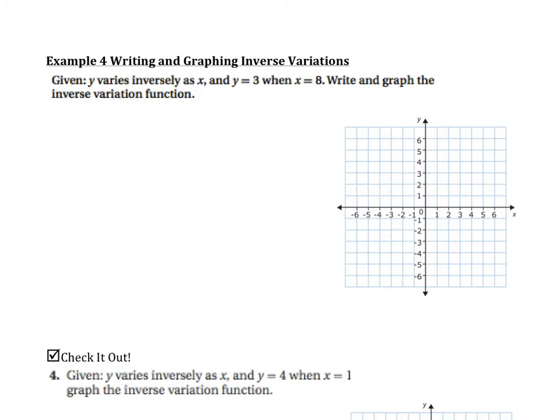If I'm doing an inverse and I'm in y equals k over x form, same as before, we try to find k when y equals 3 and x equals 8.